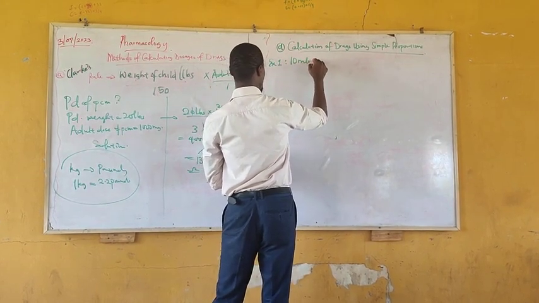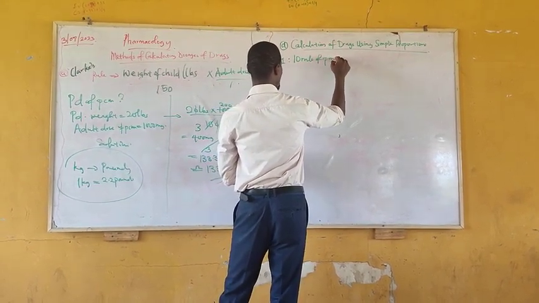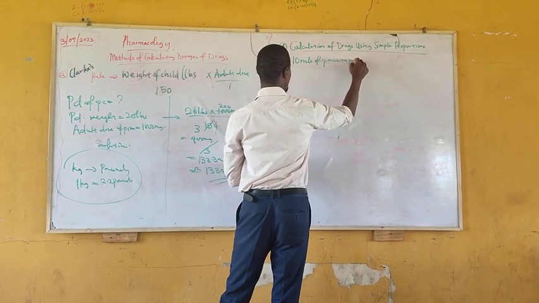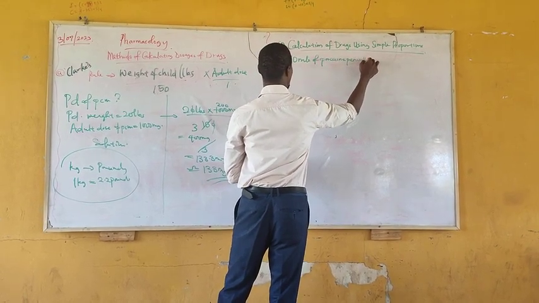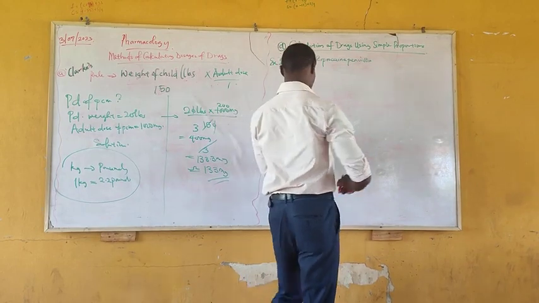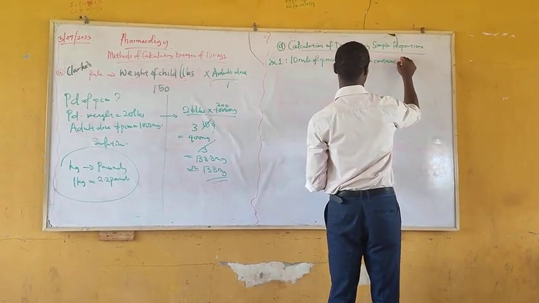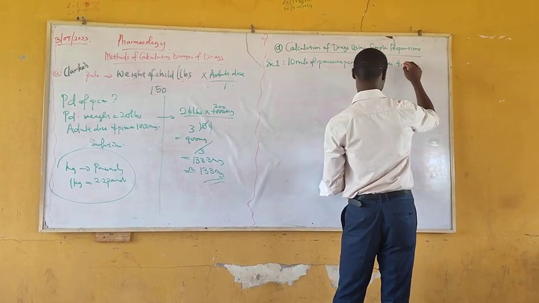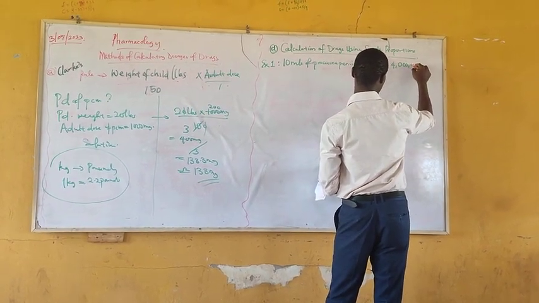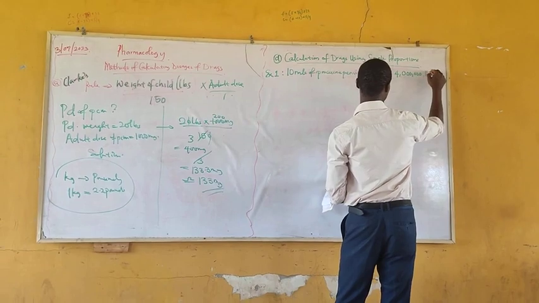10 mils of procaine penicillin, this is a drug, contains 4 million IU, international units.